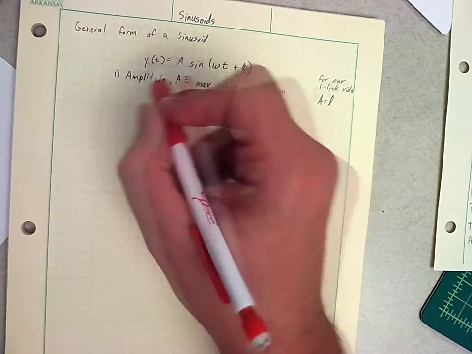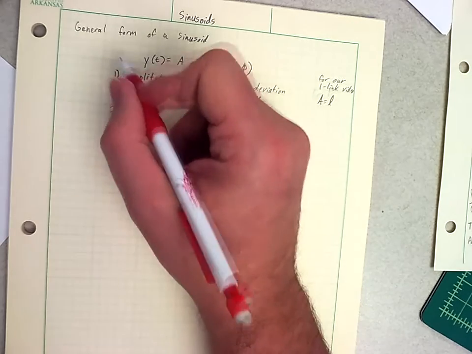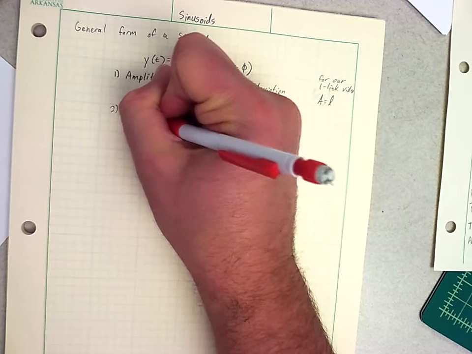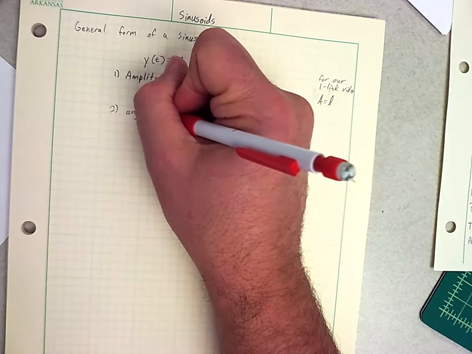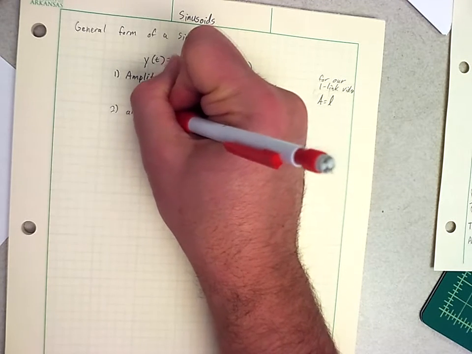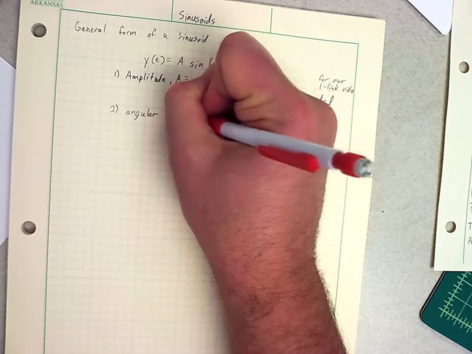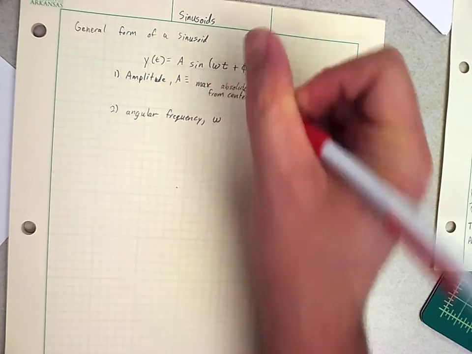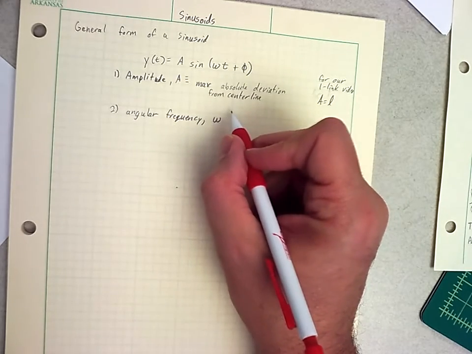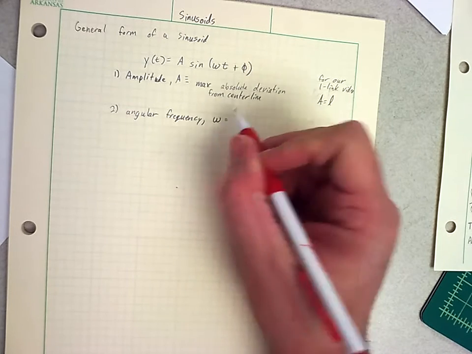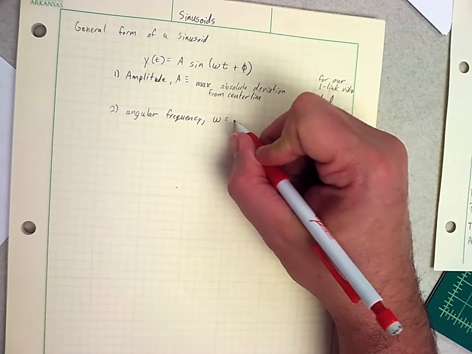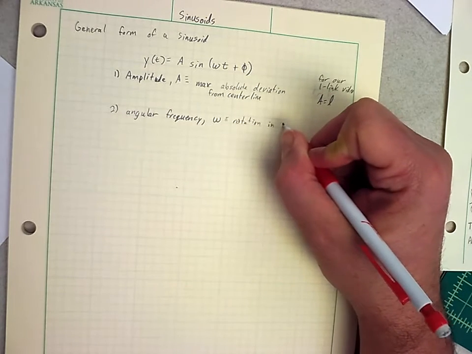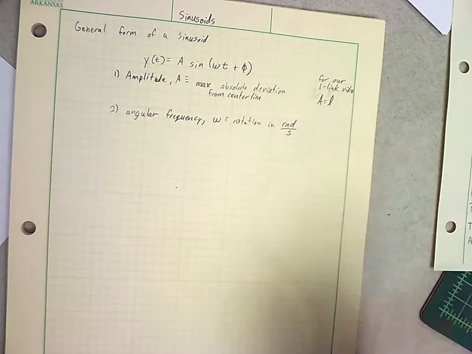The second thing we come across is this omega. And that's the angular frequency. And that is basically how many radians per second. That's our rotation in radians per second.